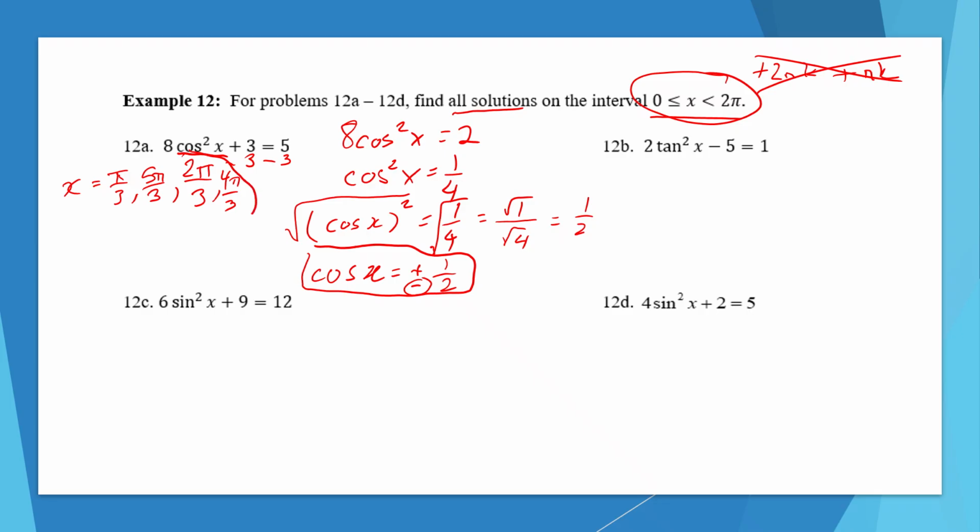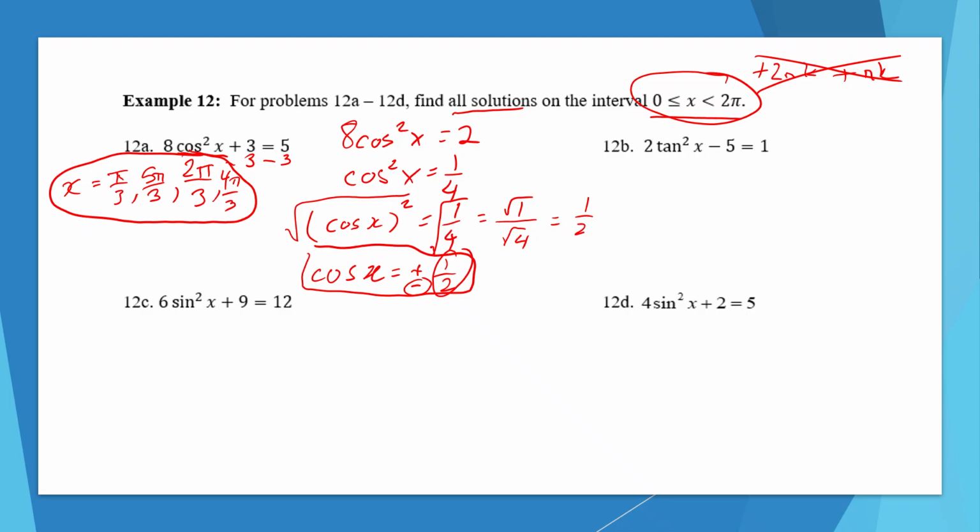So that is going to be our answer for x there, all 4 of those angles. So typically, when you take the square root of a trig function like that, and you get plus or minus a value, it's going to be all 4 quadrants because it doesn't matter if it's positive or negative. So here, pi over 3, 2 pi over 3, 4 pi over 3, 5 pi over 3. You're probably going to get 4 solutions there.